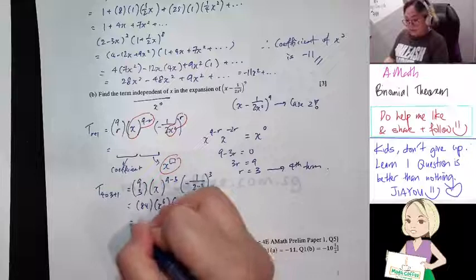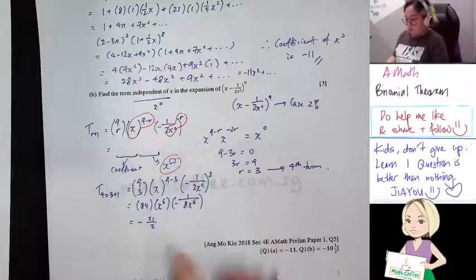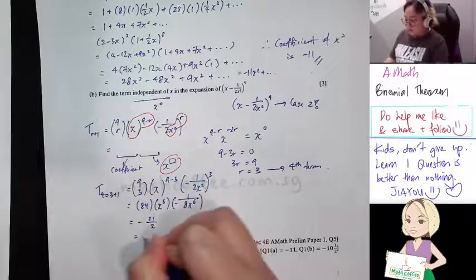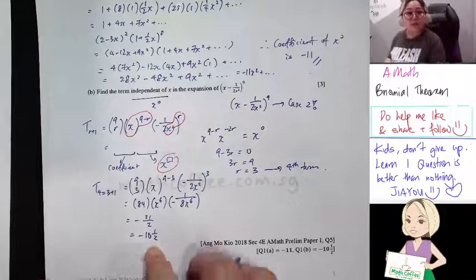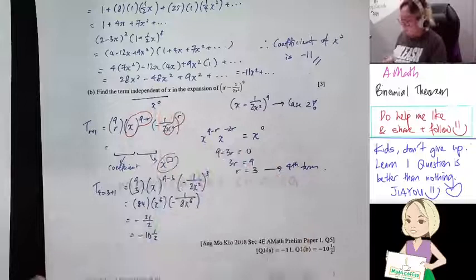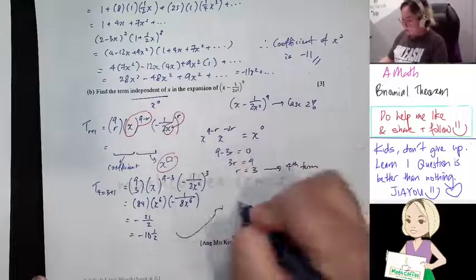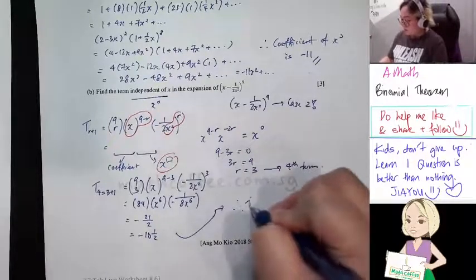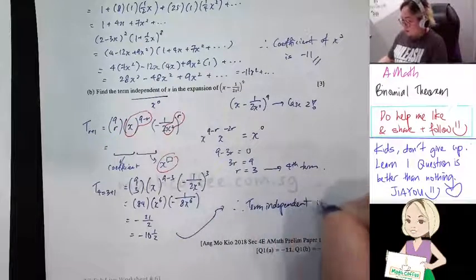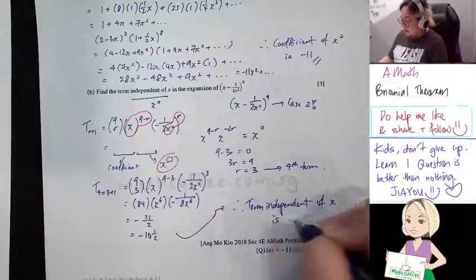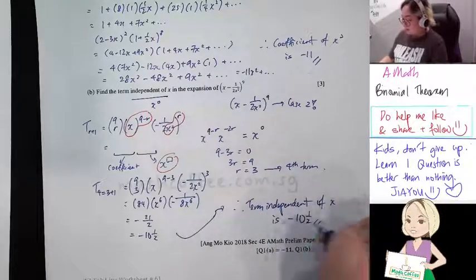So I end up having minus 21 over 2, which means minus 10.5. So this is the term which is independent of x. Therefore, the term independent of x is negative 10.5. Done.